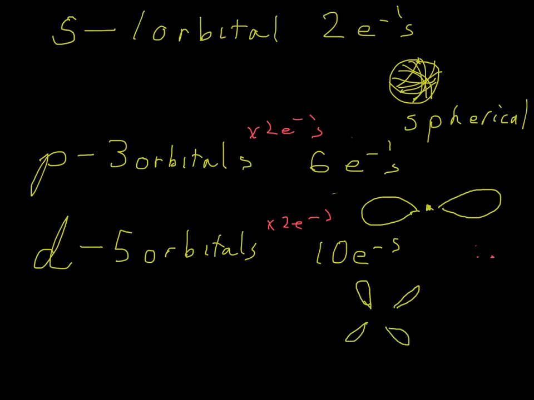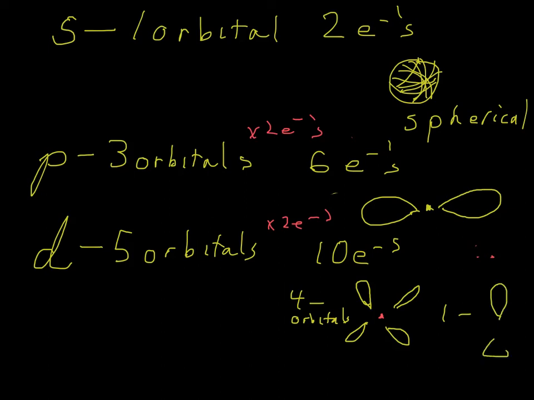But 4 of the orbitals will have this ice cream cone shape, again with the nucleus in the middle, and you can tilt that so that it lies between your XYZ plane. But 4 of these 5 orbitals will have this shape. One of the d orbitals has what I call the Homer Simpson special.